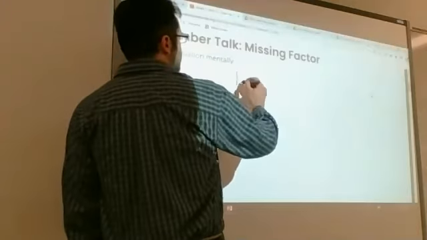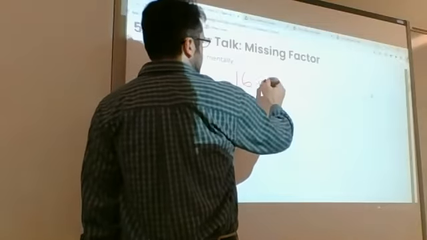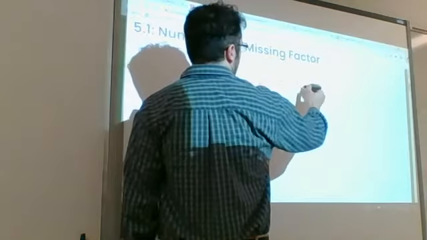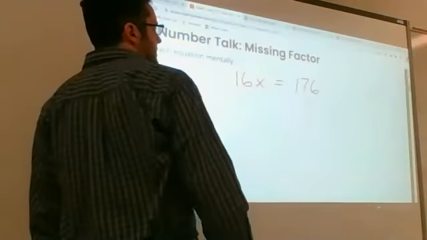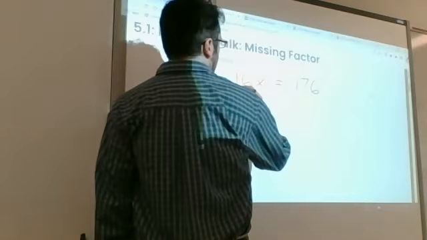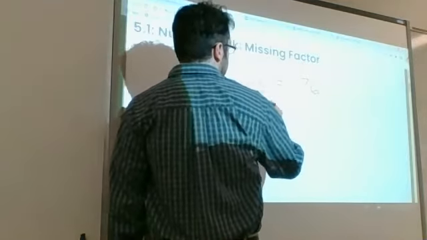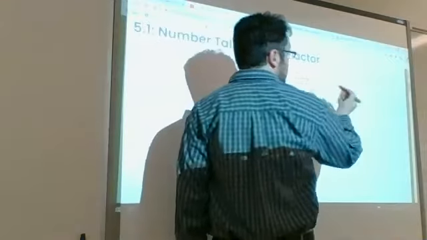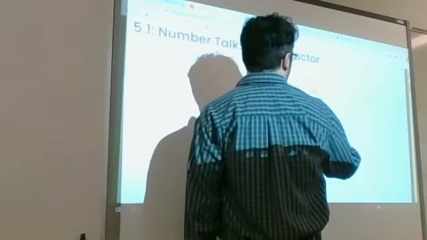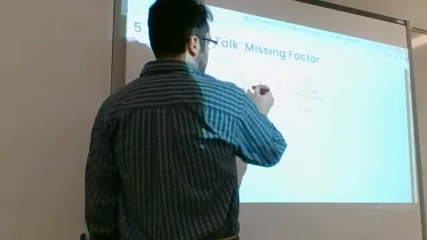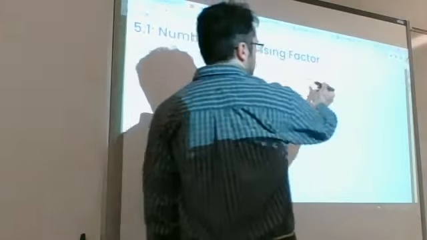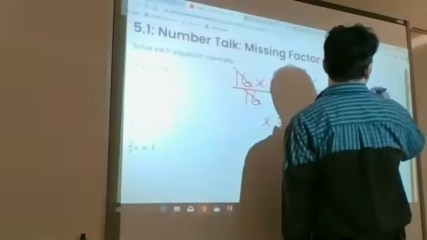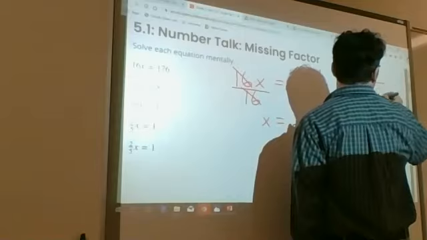So if we have 16x equals 176, we have to divide both sides by 16. This is the long way. These 16s cancel out, which leaves x by itself. And now we just have to do 176 divided by 16.